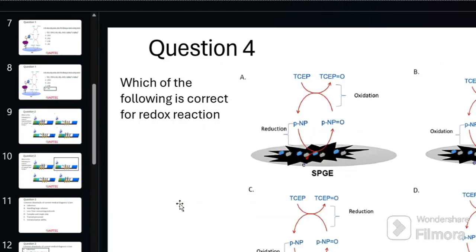So here you have to recognize which is the correct redox reaction. You have four reactions that are occurring, and you have to find out which of the following is the correct one.